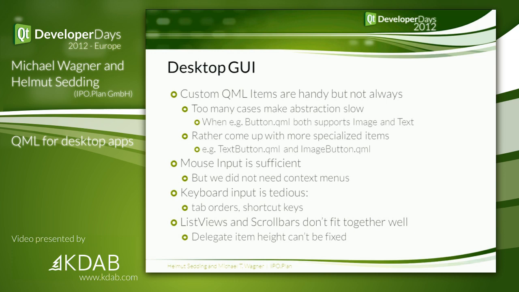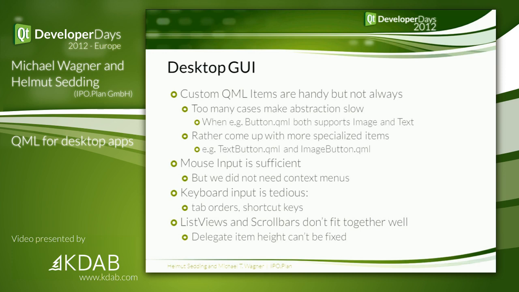I mean, this is possible to write in QML, but it's very tedious because everything has to be done very manually. Because, for example, if I have a field and I want to jump with the tab button to the next one, I need to manually set up all the pointers. So I think that is where QML could be improved. But for most applications, I think this is not a hindrance.